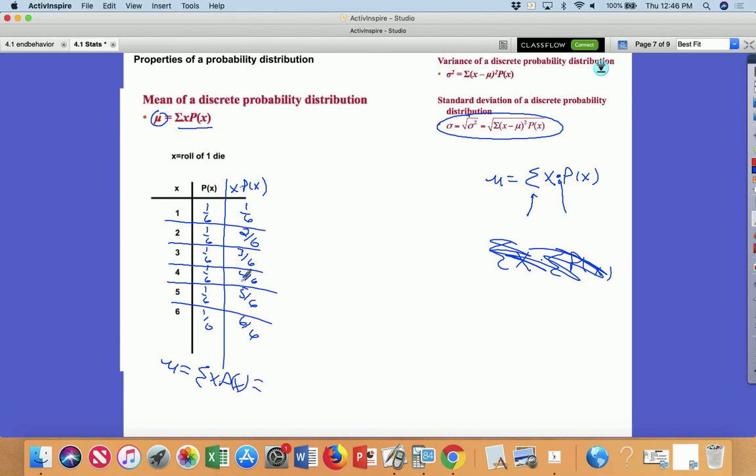So guess what I have to do with these? Here I have to add up those products. These are all products here. Add all those up. So it would be 3, 6, 10, 15, 21 over 6. What's that equal? 3.5.